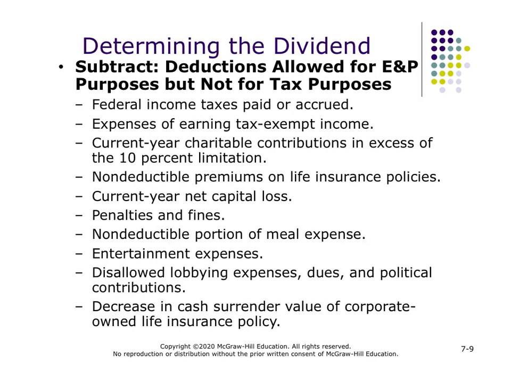All right, so now we have this whole list of items that we need to subtract, okay, because they are deductions that were allowed for earnings and profits, but not for tax purposes, all right? And so there are some notable things here, right? Federal income taxes, that's kind of notable, okay?